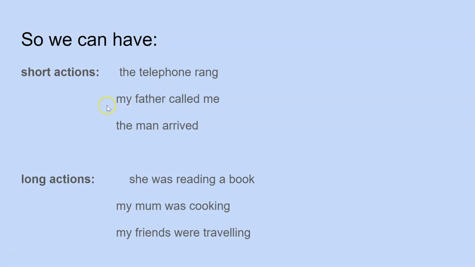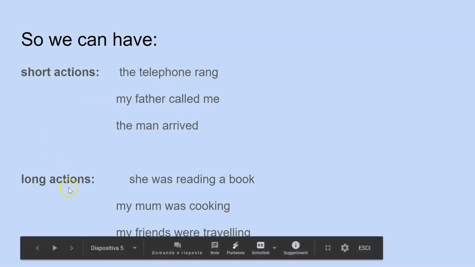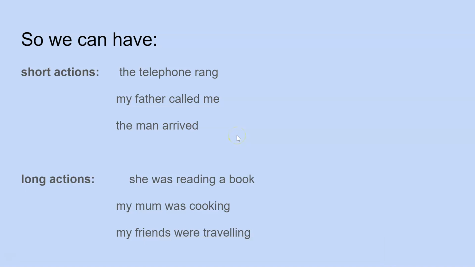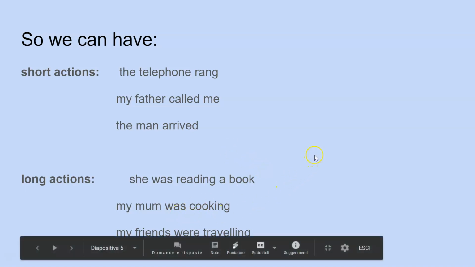While we may have long actions. What do we mean by long actions? Actions that were going on, that were happening for a while. She was reading a book. Mom was cooking.